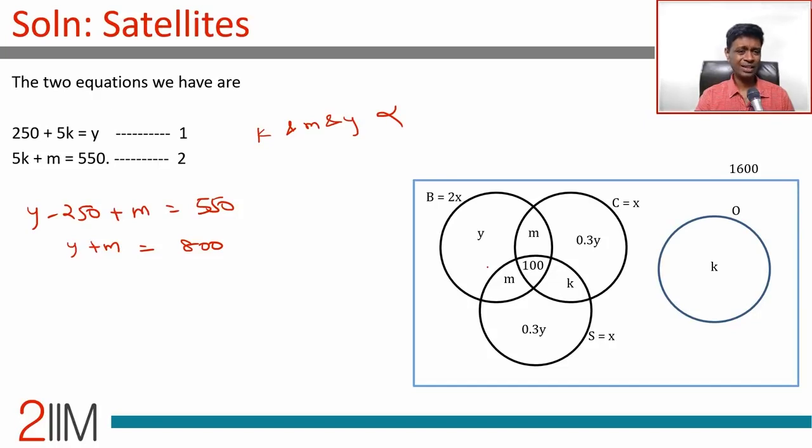That's one other way of framing the same set of equations. Y and M add up to 800. Same two equations, we are combining in a different way. But we haven't got anything more than this.